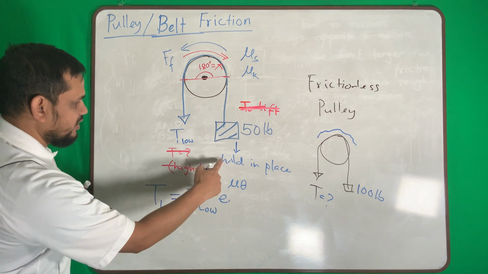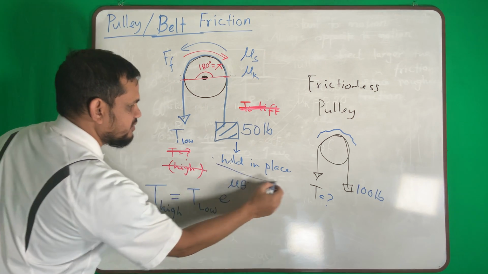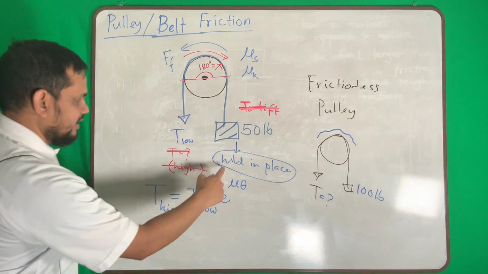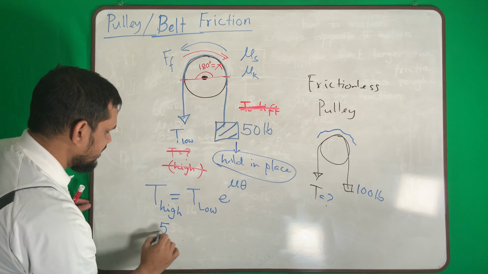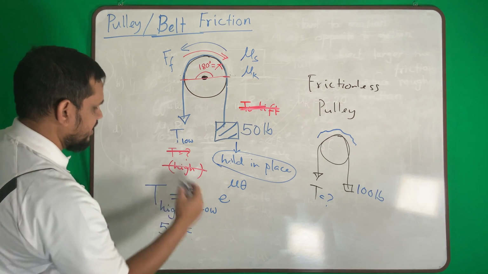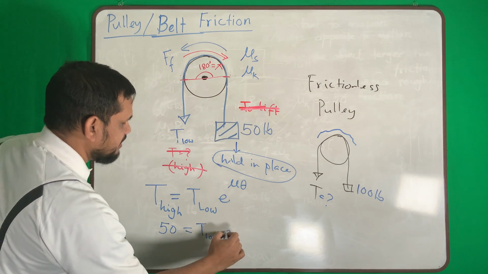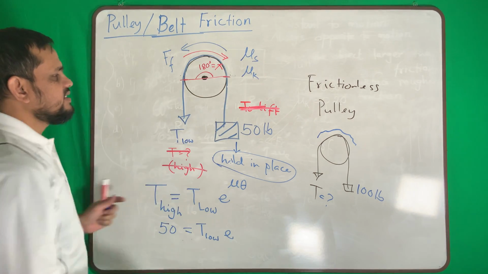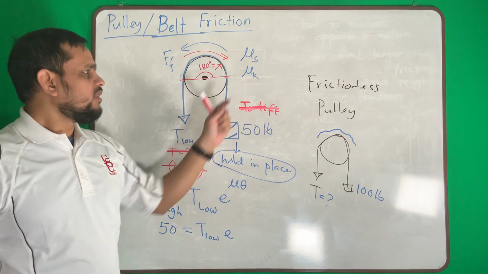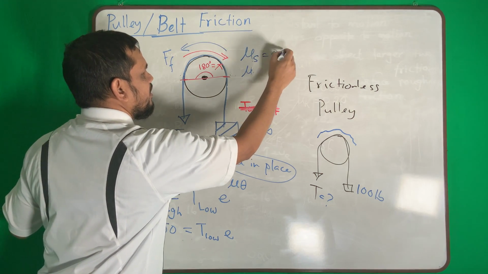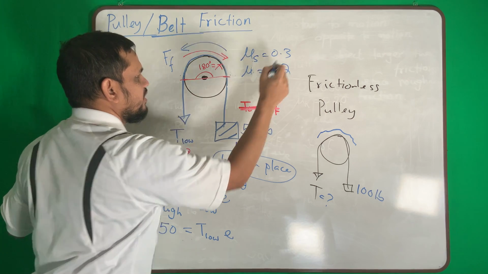So the 50 pounds will be T high, and T low times e to the power mu theta. Say mu s is given 0.3 and mu k is 0.2.